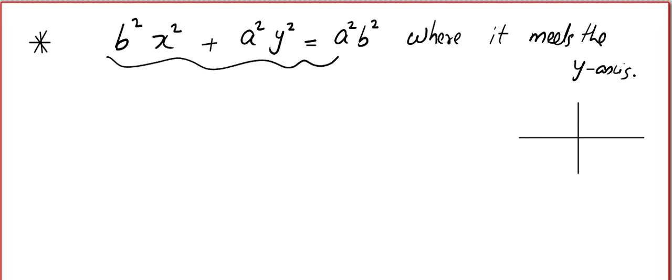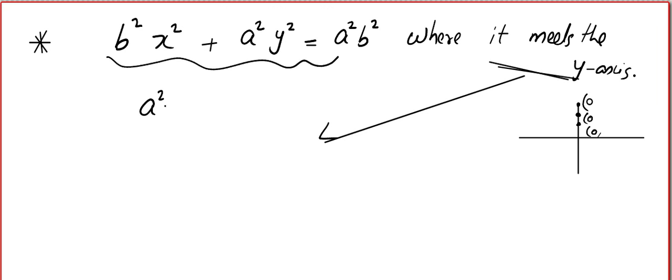Do you know the speciality of the y-axis? If you look at the coordinate of any point on the y-axis, you will notice that the x coordinate will be always 0. So the curve meets the y-axis when x equal to 0.